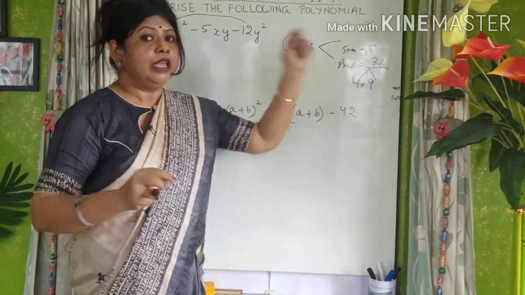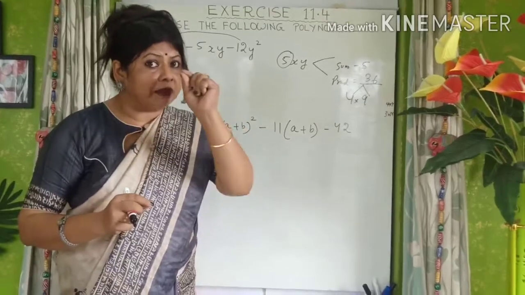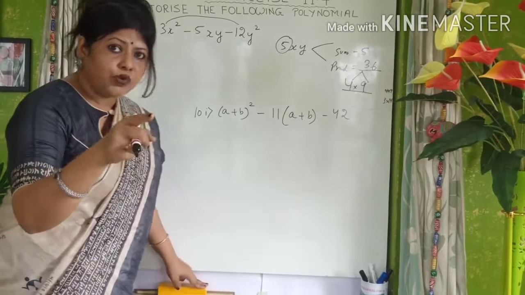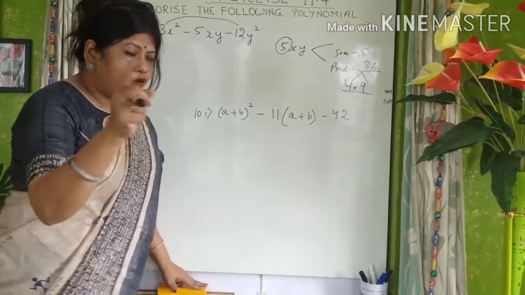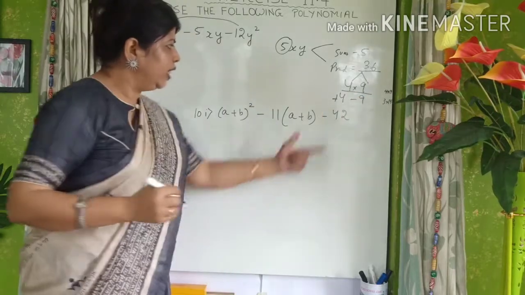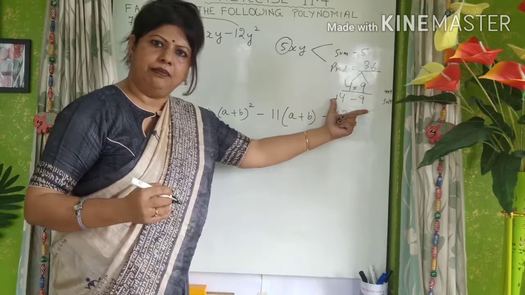It will give you 5. You have to be very particular, children, because you have to get minus 5. So to get minus 5, in what way shall we subtract 4 and 9? I should take plus 4 and minus 9. The moment you take plus 4 and minus 9, your answer will be minus 5.